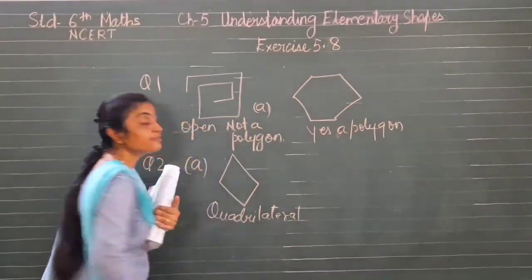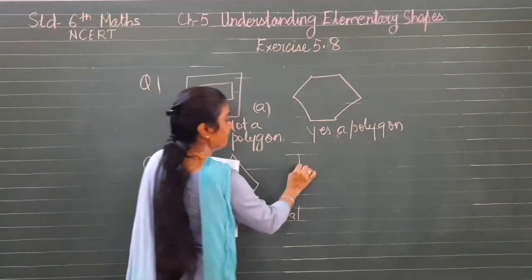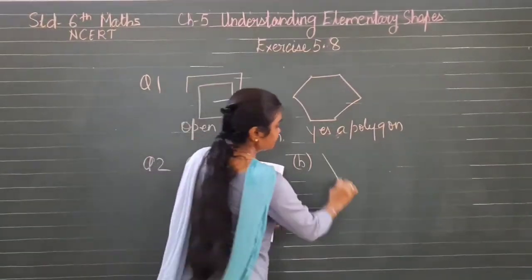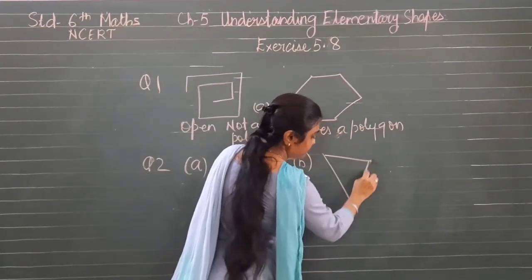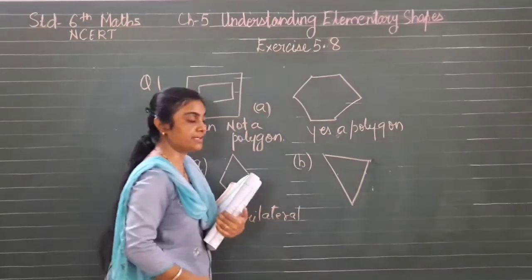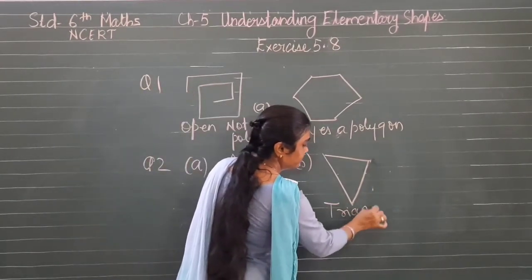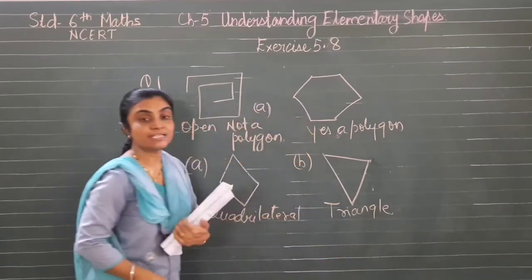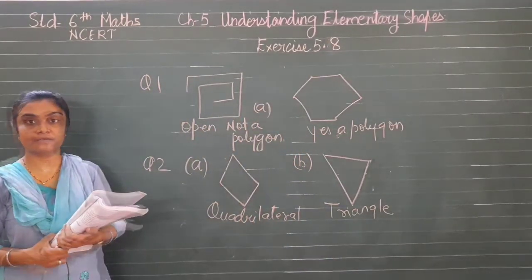A polygon with 4 sides is called a quadrilateral. The second one has 3 sides. So if it is a 3-sided polygon, it is called a triangle. Rest of the sums you can do by using the same logic.